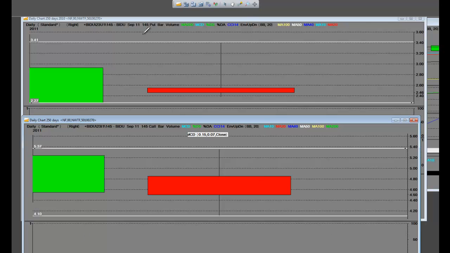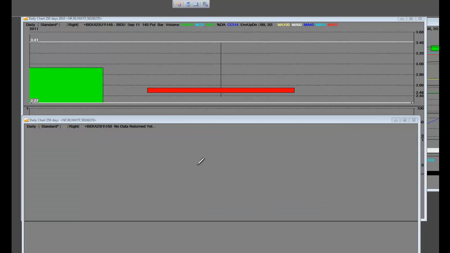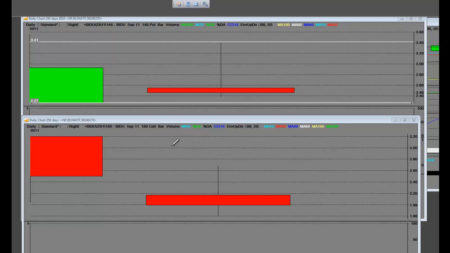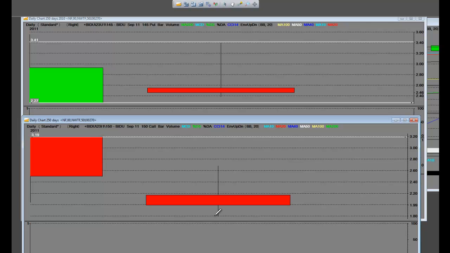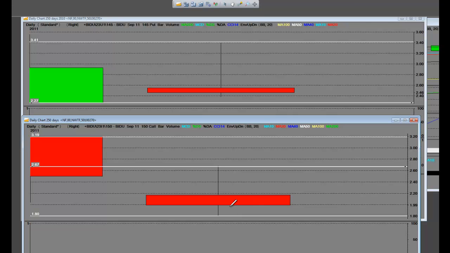And when they have this kind of range, it's when we start tomorrow that all of the premiums are going to change. So we're going to also take a look up and out of the money as a hedge. What does this 150 call look like on a weekly level? Of course, you're not going to have much range, but this is up and out of the money, and we're going to be watching these. They don't have a lot of yield in the weeklies when they first come out, but they will during the 5-day trading period.